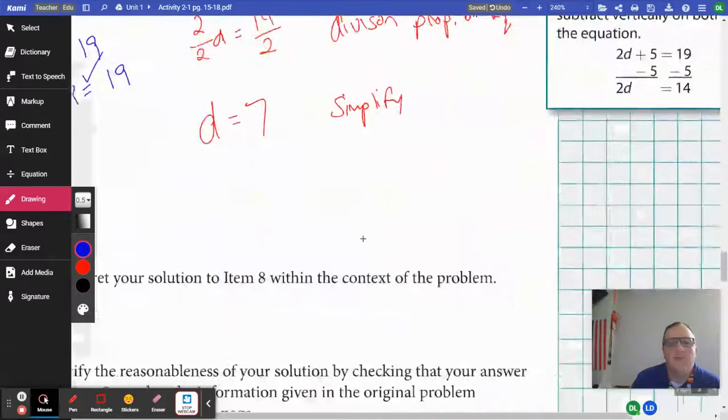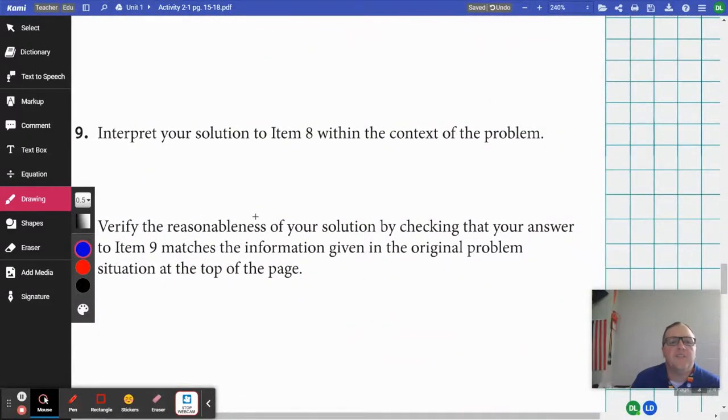All right, number 9. Interpret your solution to 8 within the context. So D, what did we say D equals? D stood for the amount of money that Dan had. So if D is 7, Dan has $7.